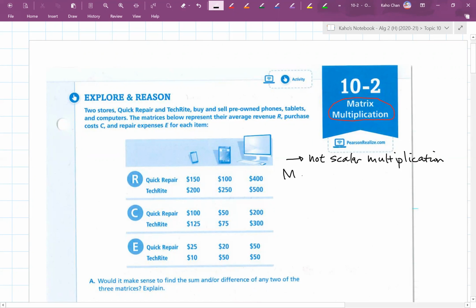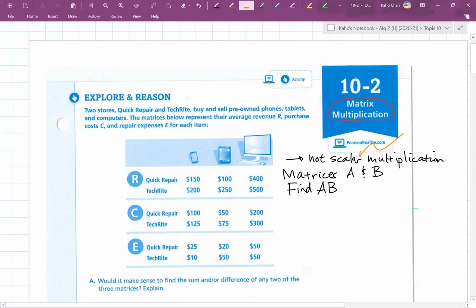When we multiply matrices together, we'll refer to them using uppercase letters, A and B, or whatever uppercase. The question might be presented this way: find AB. Capital A, capital B means matrix multiplication, not scalar multiplication.